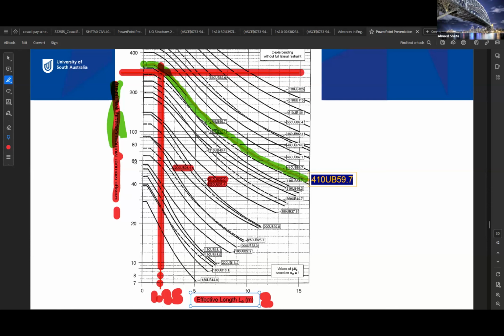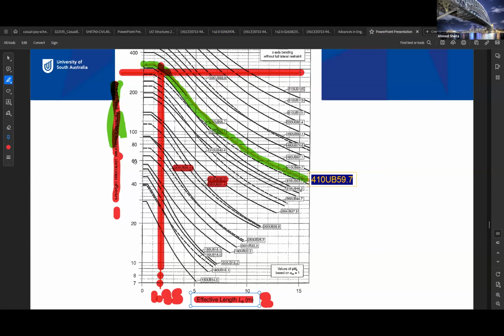Okay? And also, please note that for beams, you are using UB sections. For columns, you are using UC sections. Because in these design tables, I think the one you are provided on the learning website maybe only focuses on a few examples.